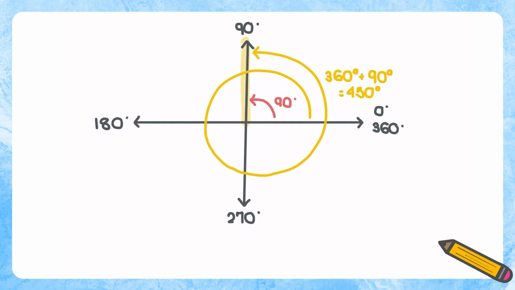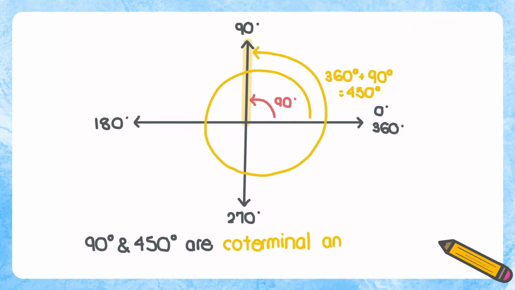Notice how we end up on the same terminal side. So we can say that 90 degrees and 450 degrees are coterminal because we're ending up at the same terminal side. So even though I did an extra loop for the 450 degree angle, these angles are still coterminal.